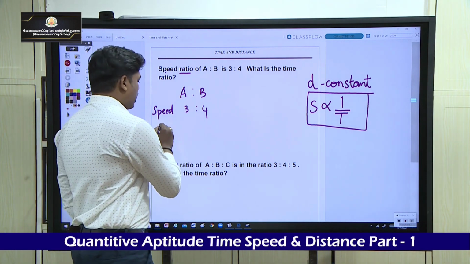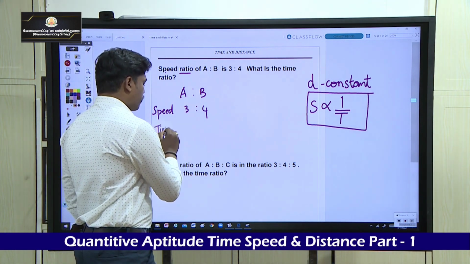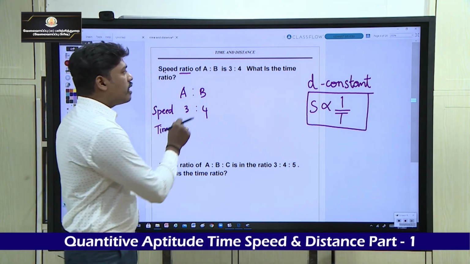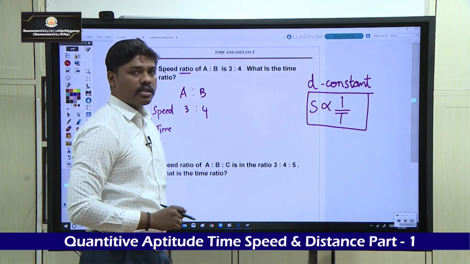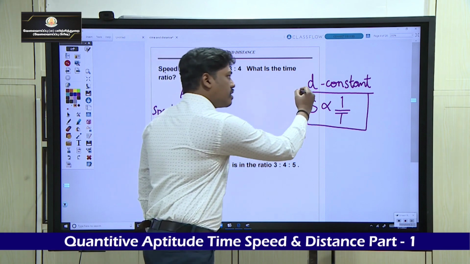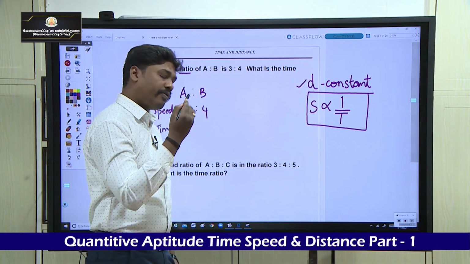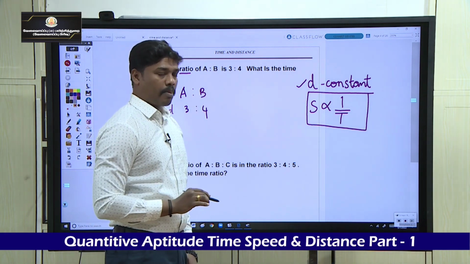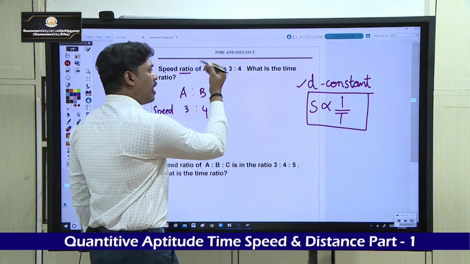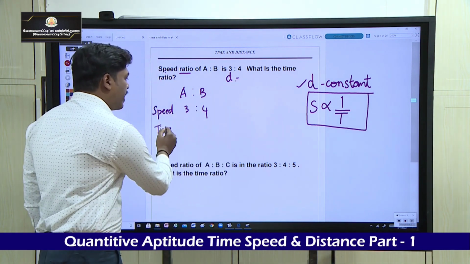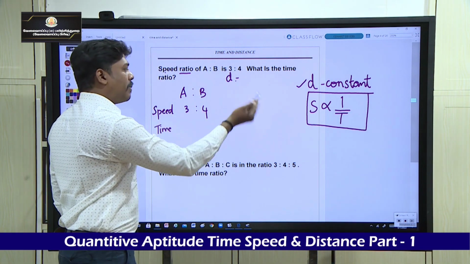They are asking what is the time ratio. Here they have not mentioned distance, which means distance is constant. If there were different distances, they would definitely have mentioned it. So we have to assume that distance is constant, which means speed is inversely proportional to time taken.